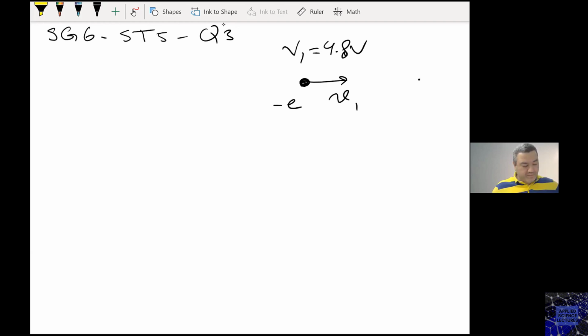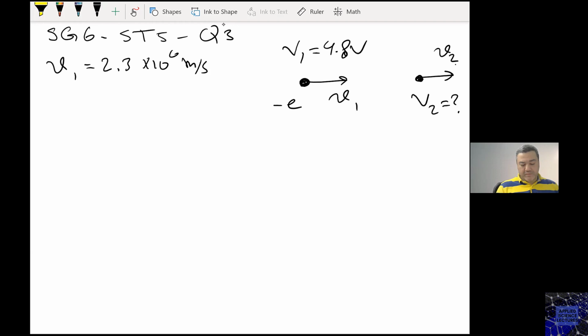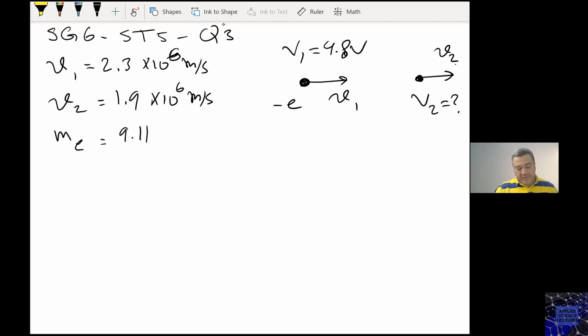And here the speed decreases to V2, such that we don't know V2, such that V1 is 2.3 and V2 is 1.9 × 10^6 meters per second. The mass of the electron is 9.11 × 10^-31 kilograms. We need to calculate the potential.